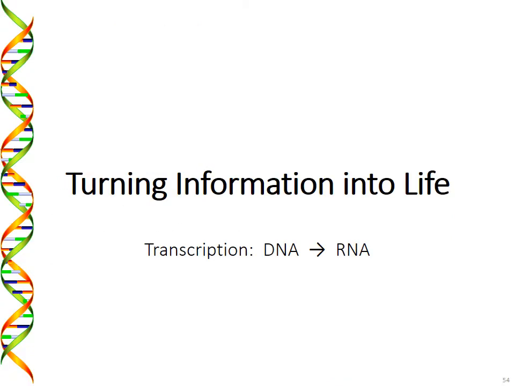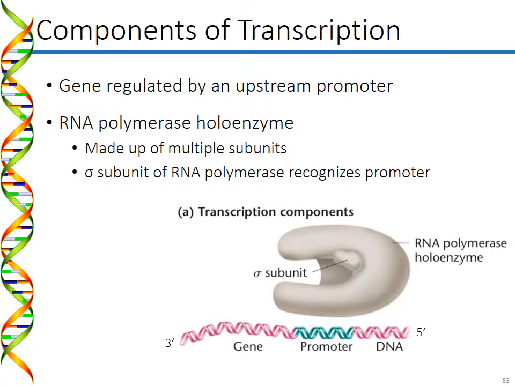So now that we've reviewed replication, let's move on to transcription, which is the creation of an RNA copy of a DNA sequence, usually one that encodes a protein. Before we actually start talking about the components of transcription, it's important to point out that many of these slides, including the current section here on transcription, are taken primarily from the mechanisms and processes used by prokaryotic organisms.